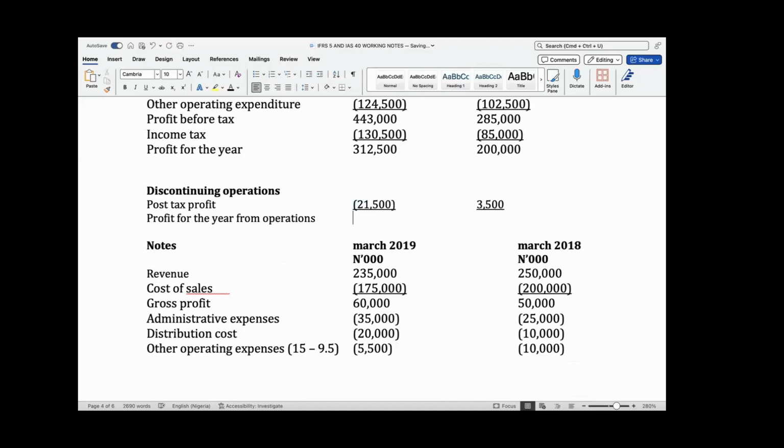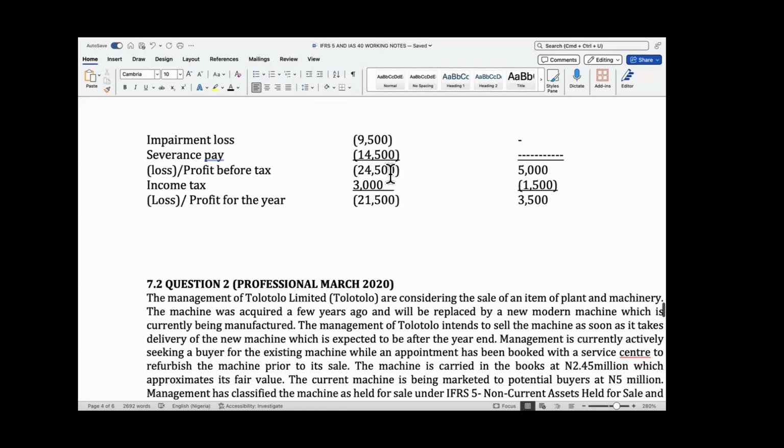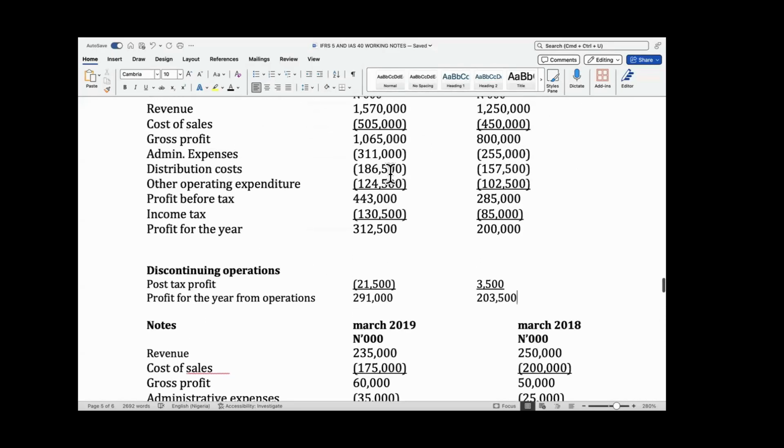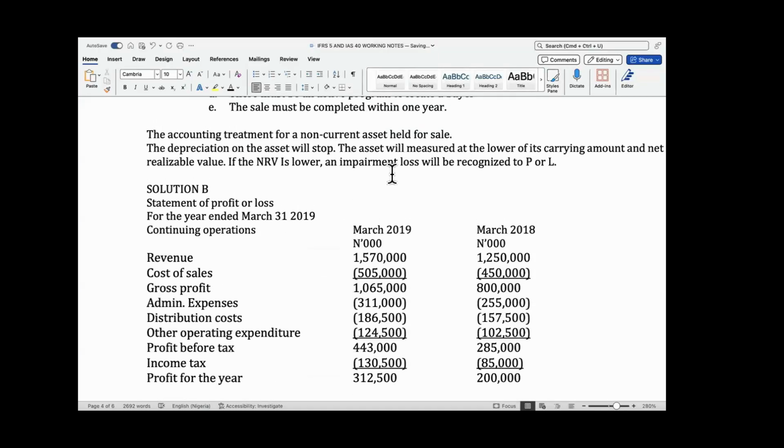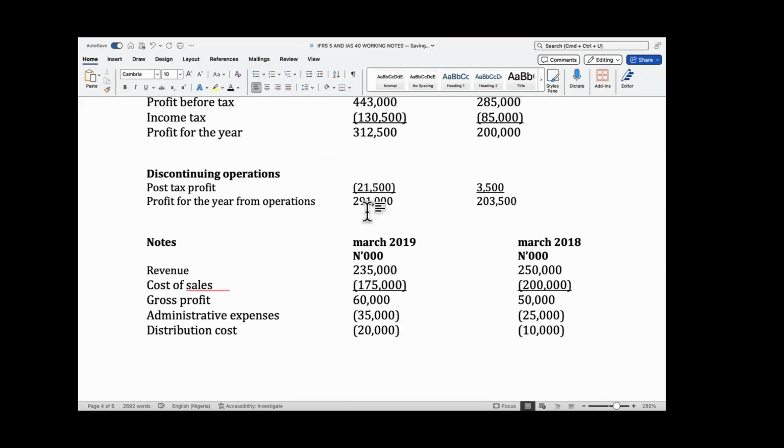So 312,500 minus 21,500 is 291,000, and this is 203,500. And that's the end of this question. So it's not difficult, but you just need to be careful and do it properly.